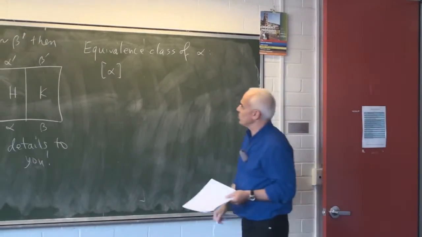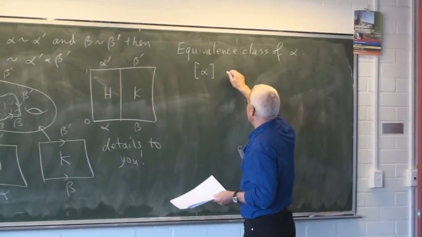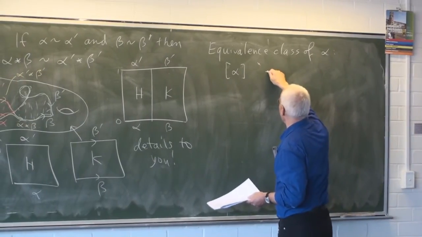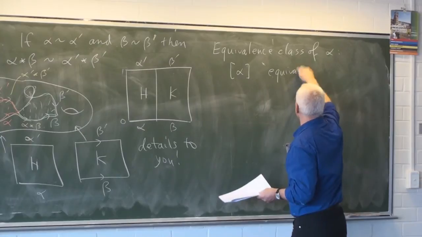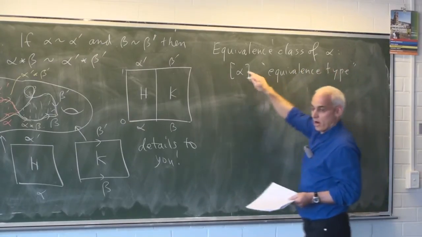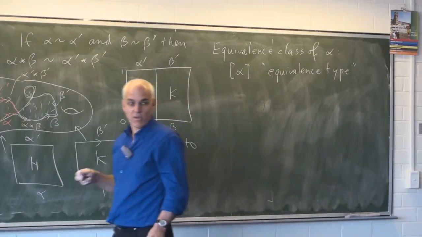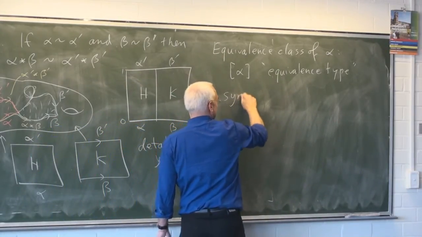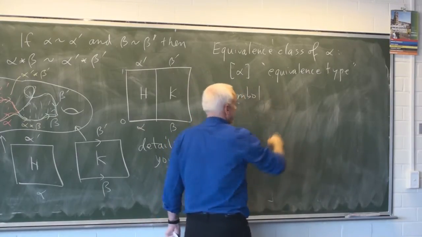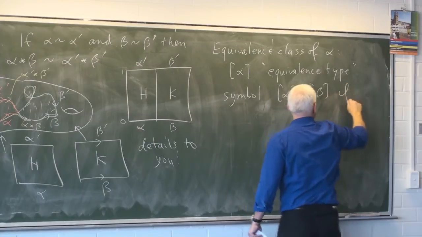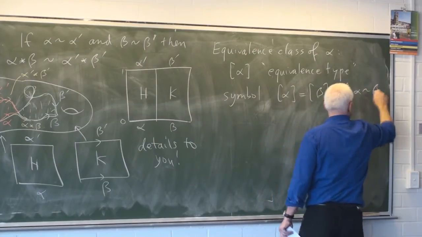So I'll still use this symbol, but if you want to be a little bit more honest, you might think of this as an equivalence type. In other words, you can just regard this as a symbol, with the agreement that alpha equals beta if alpha is homotopic to beta.